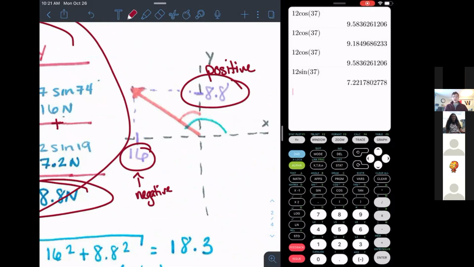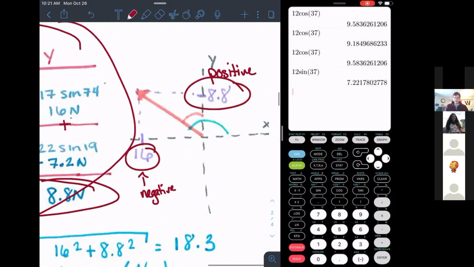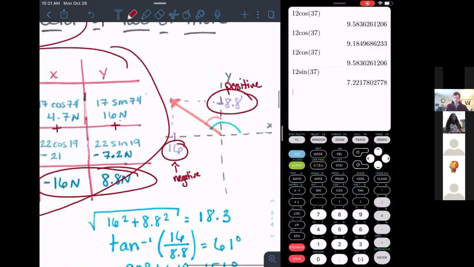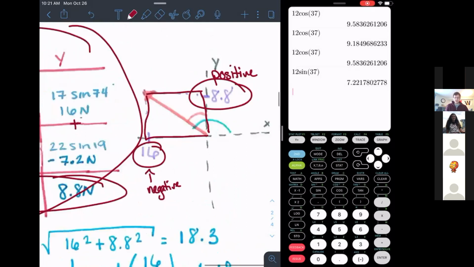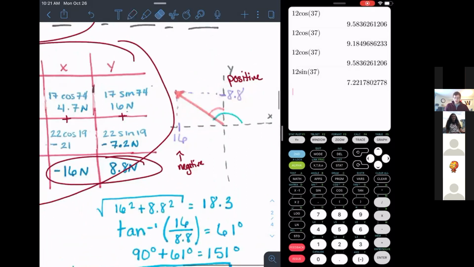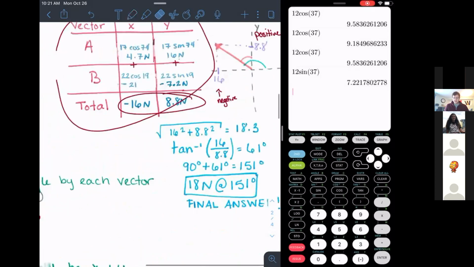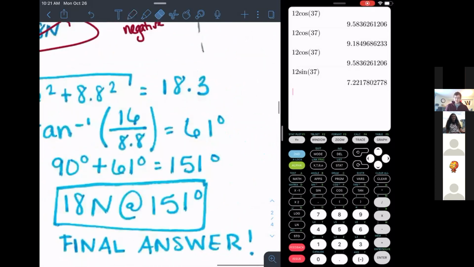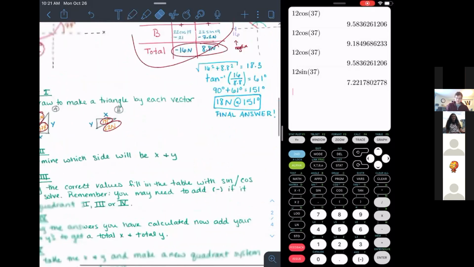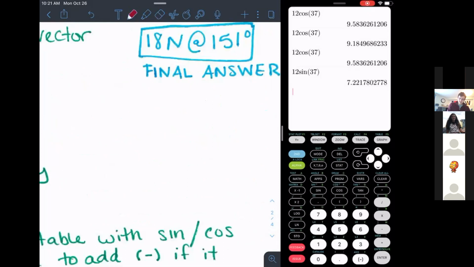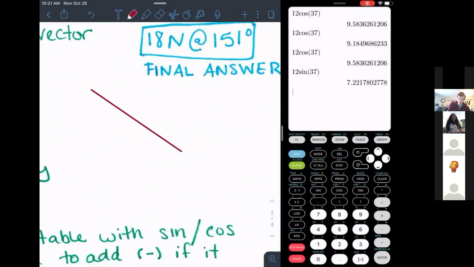And to find that angle, we need to use trig. So we're going to draw our vector here. You can draw it this way, or you can draw it this way, whichever works for you. Once you draw your vector, you are going to use the inverse tangent, because if we draw that triangle, I'm going to draw mine this way.